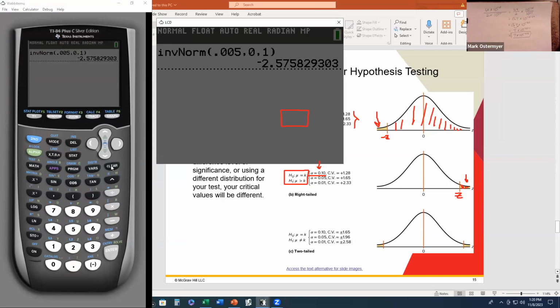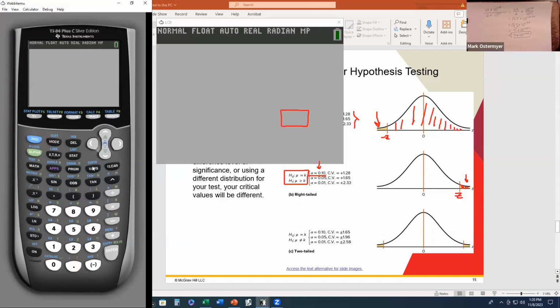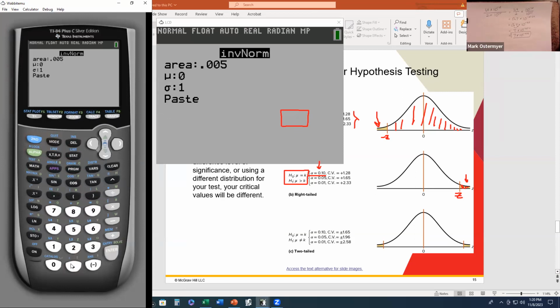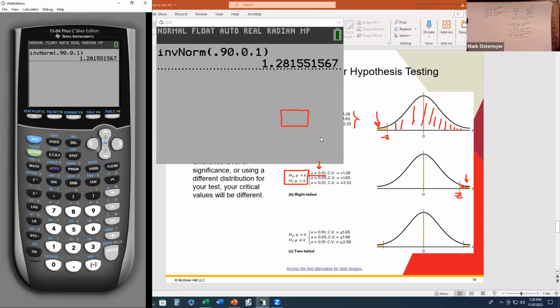So in that case, we would use our inverse norm function, and we would type in 0.90. And we get 1.28 as the critical z-value. If you're testing a significance level of 5%, you would type in 0.95 for the area to the left of your critical z-value, because your rejection region would be of size 5% or 0.05.